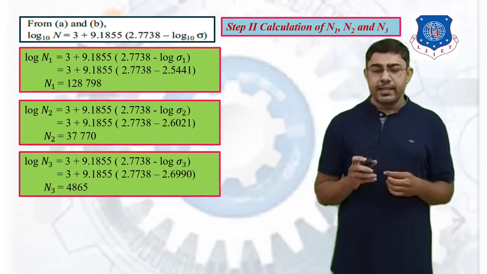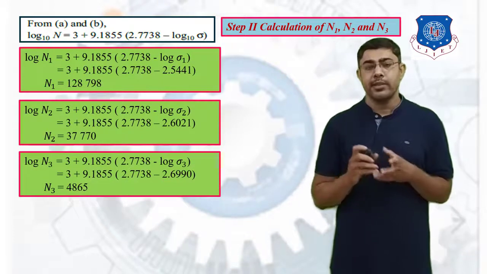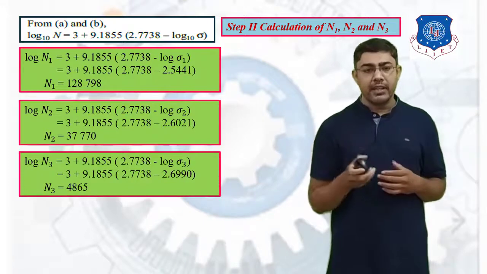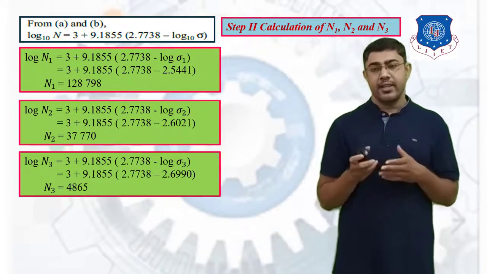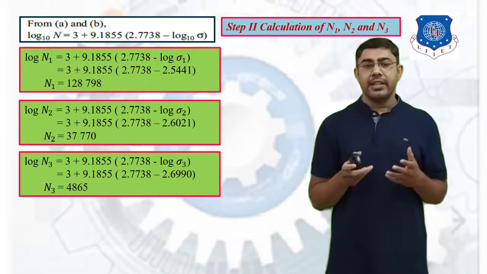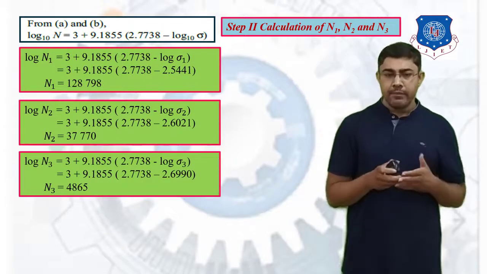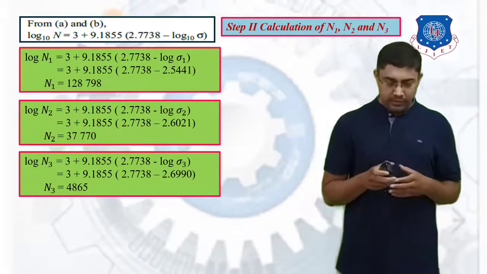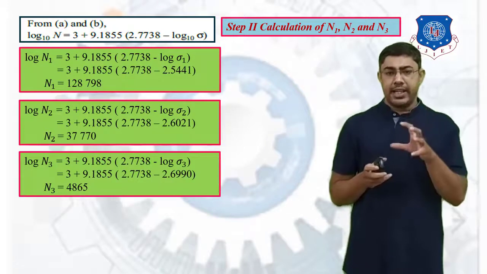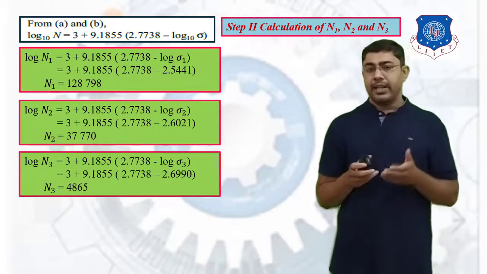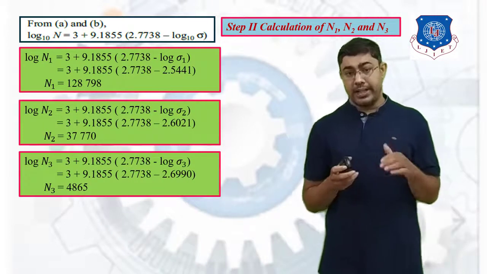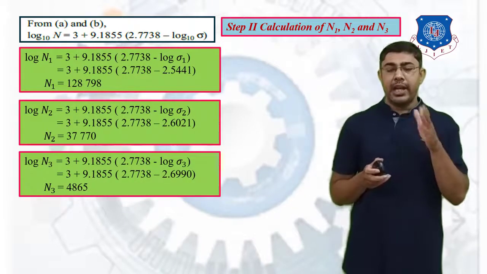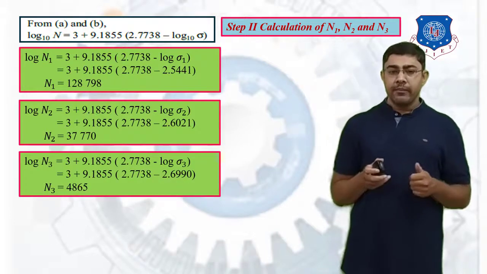Here we place log sigma 3 instead of log sigma, and by placing the value of log sigma 3, that is 2.6990, we get the value of N3 equal to 4865. In this way we can calculate capital N1, N2 and N3. So now we have all the values N1, N2 and N3.